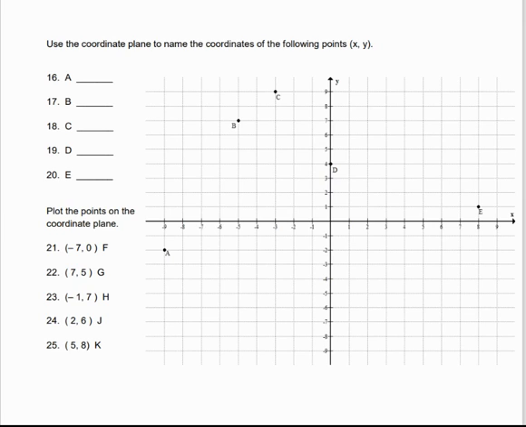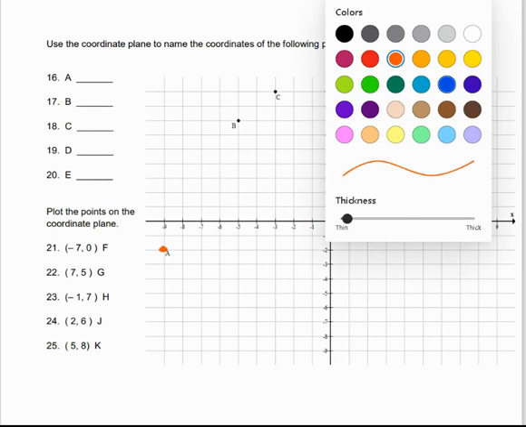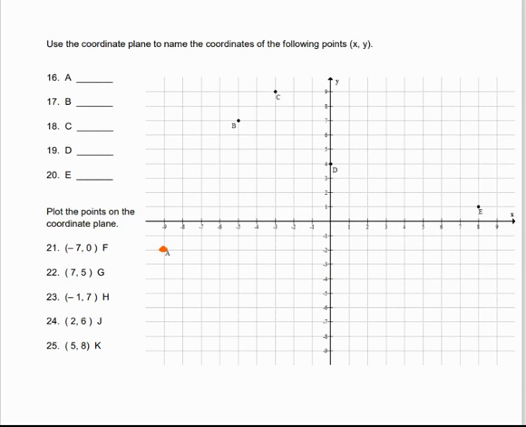So for example, let's look at number 16. 16 says, write the ordered pair of point A. So you're going to look at your graph and you're going to find A. I'm going to highlight it. Here it is. Okay? So what is that ordered pair? Remember, when we write ordered pairs, it always goes X, then Y. So what's the X value of A? -9. Good, Jordan. -9.